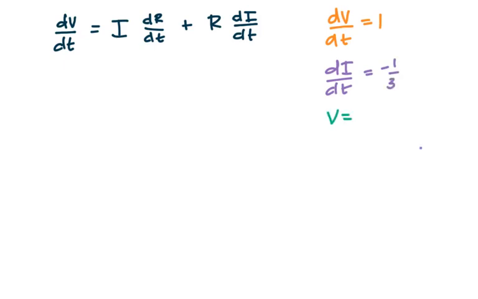We have the relationship V equals IR, and we know we're dealing with this at a specific moment. We can find R because we know that V is 12 and I equals 2.